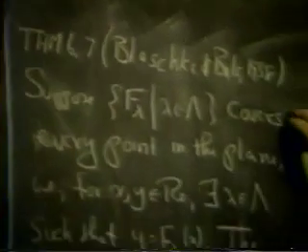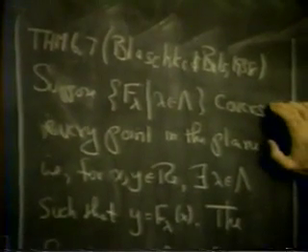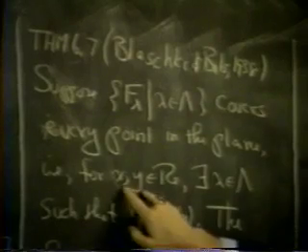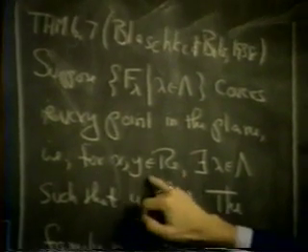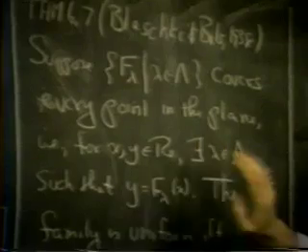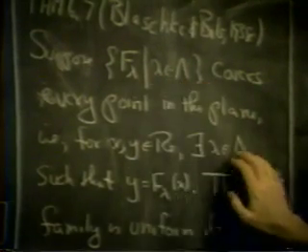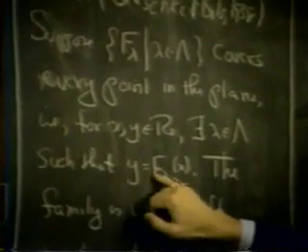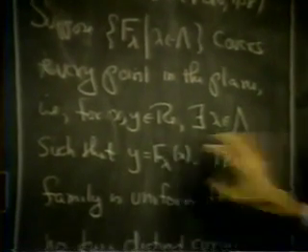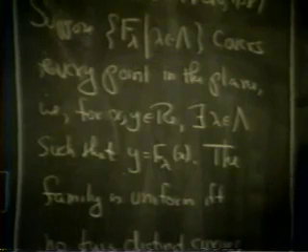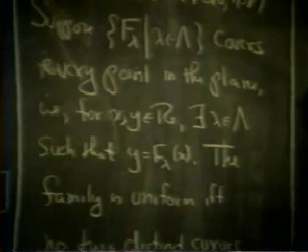We'll talk about a situation where there's a family of curves that passes or covers every point in the plane. That is to say, given any x and y, real x and y, that's a point in the plane, there is assumed to exist a lambda in this index set such that y is equal to f lambda of x. So there's an indifference curve that passes through every point in the plane, is what's being assumed.